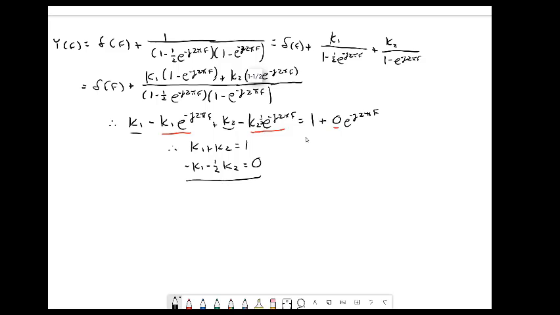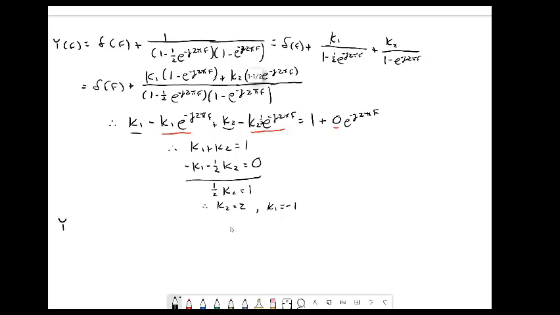That tells me that if I add these two together, 1/2 K2 must be 1. So therefore K2 must be equal to 2. And if K2 is 2, plugging that back into one of these equations, we see that K1 then has to be minus 1. So we have our two partial fraction terms.